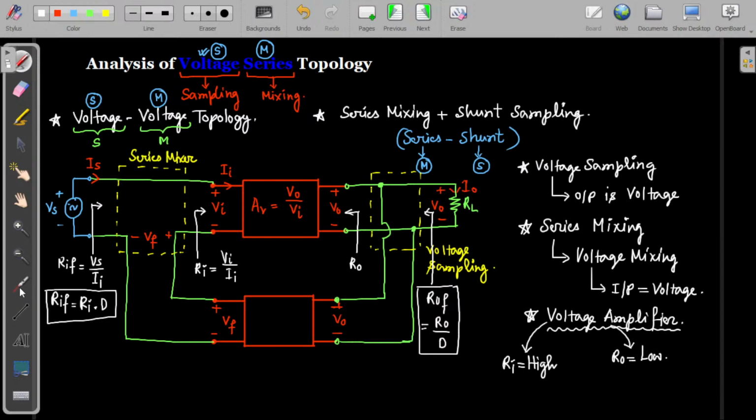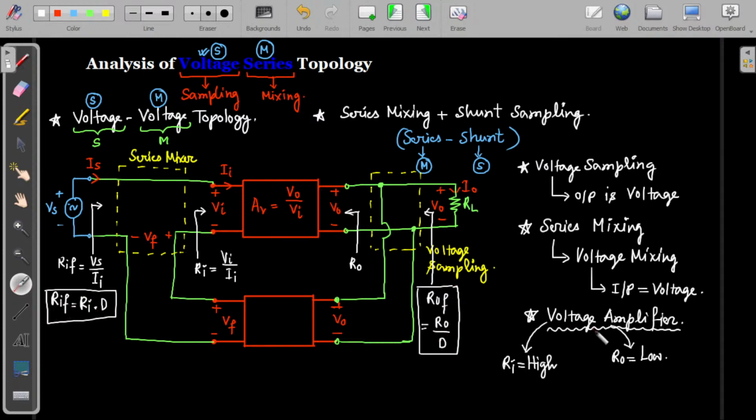Because in the voltage amplifier we use this topology, and using this topology the output impedance after using the feedback connection is decreasing by the D factor, and the input impedance is increasing by the D factor.